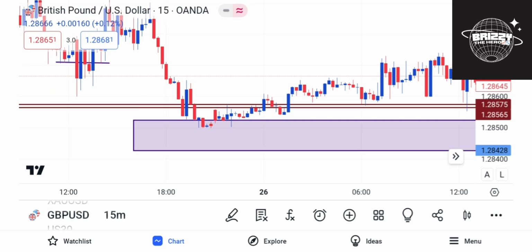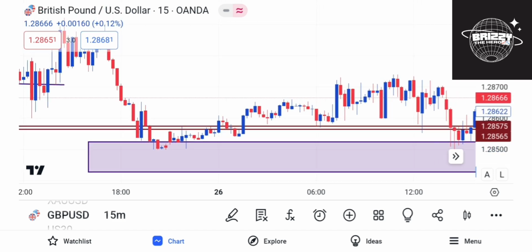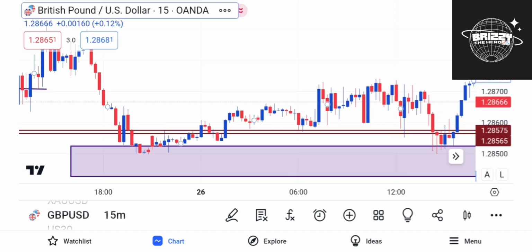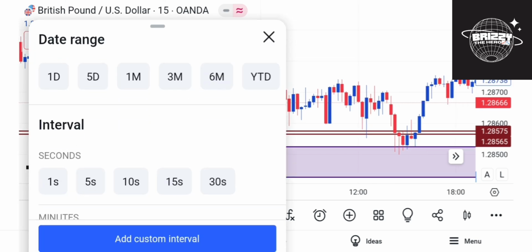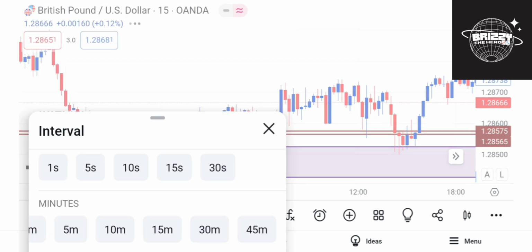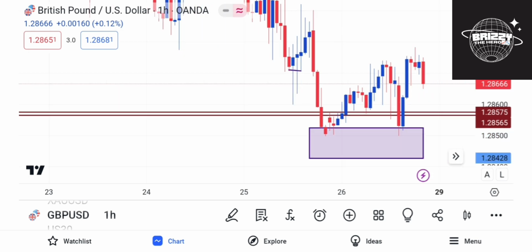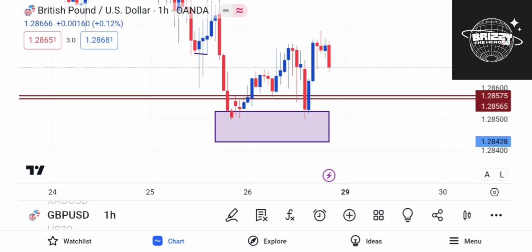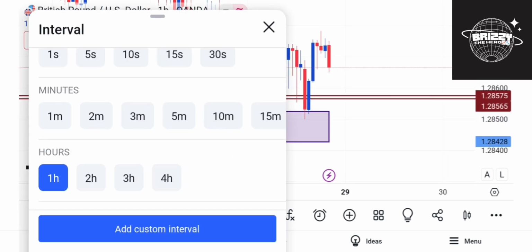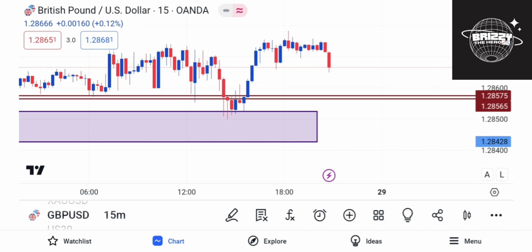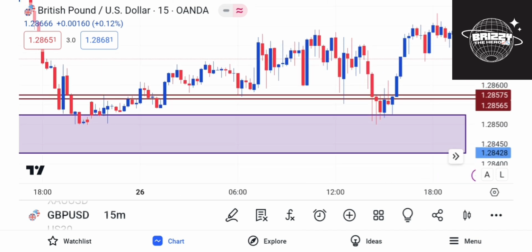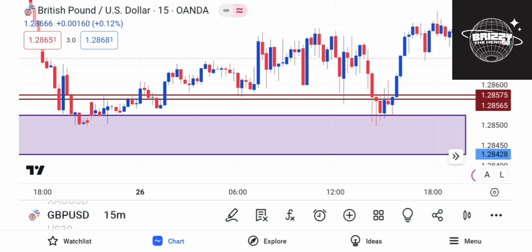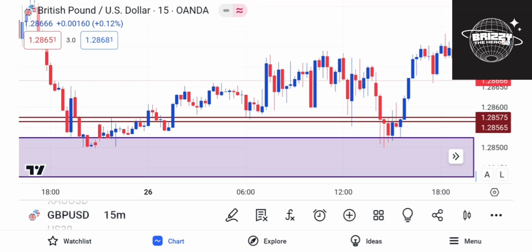Y'all can see that support that we created on the H1, which is this zone right here. And from the H1, y'all can see that we have that double bottom. If I move to the 15-minute time frame, obviously you're going to see it, but in a lot of candlesticks. Why? Because the smaller the time frame, the more pips or points you can secure, right?